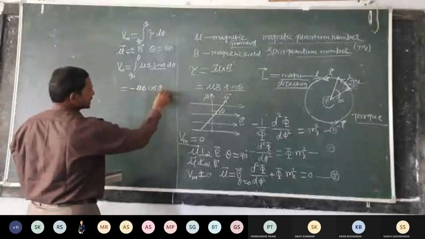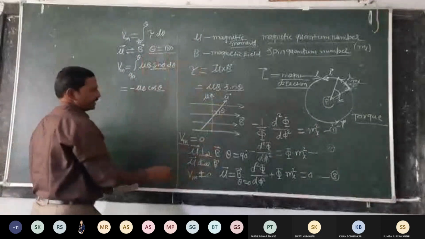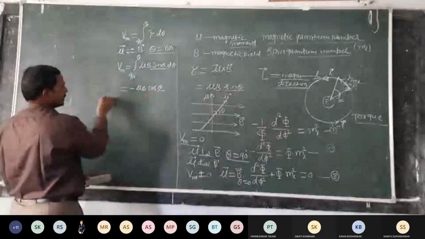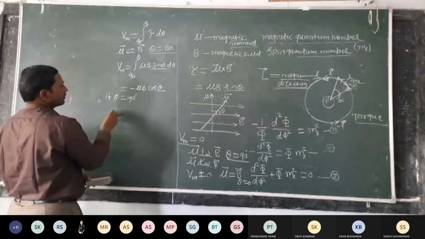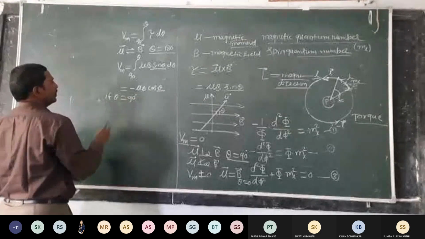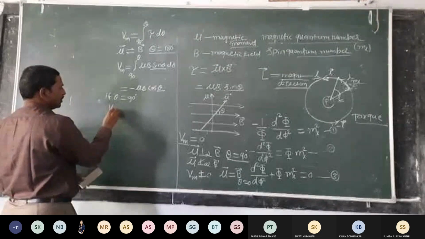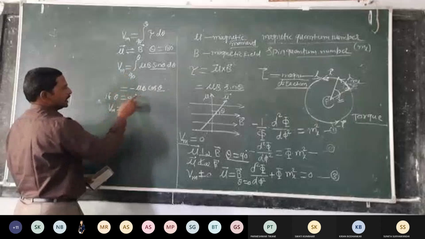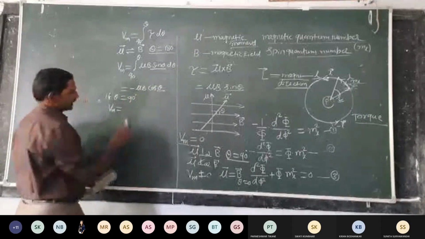Now take the conditions. If theta is equal to 90 degrees, then the potential energy Vm is 0, since cos 90 is 0.